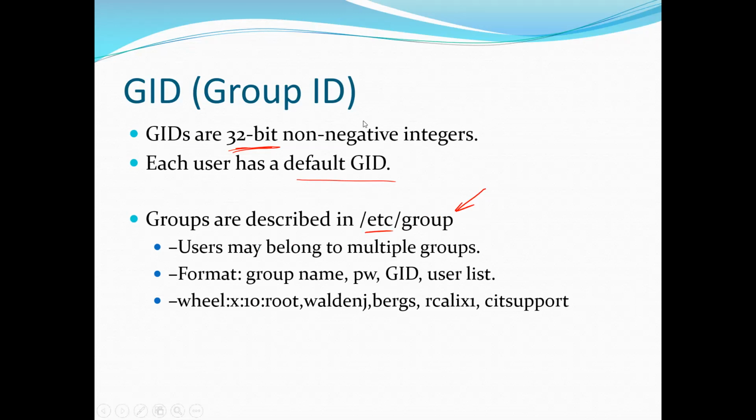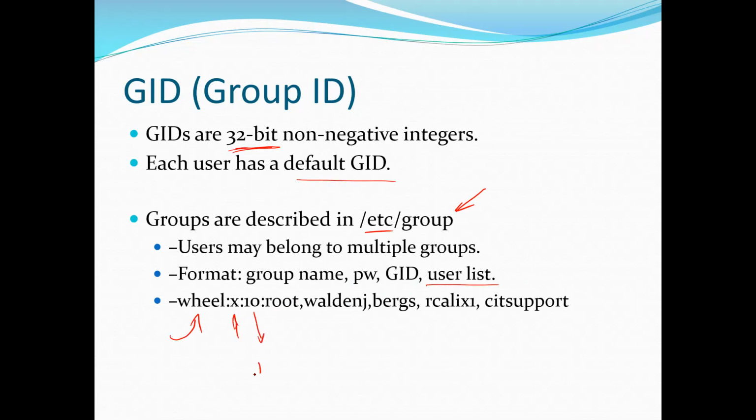The format: group name, and then you specify a user list that belongs to that group. For instance, let's say the group is called wheel, and there could be some password associated with it.